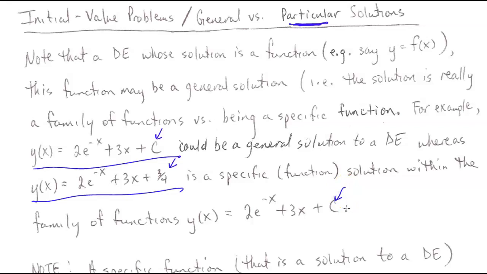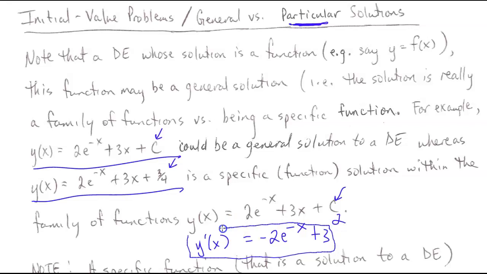If I let c equal 2, and then I ask, what is the derivative of y with respect to x? Well, it's still going to be the same: negative 2e to the negative x plus 3. And this is going to be the derivative regardless of whether c is equal to 2, or 3/4, or negative pi, or whatever. It really doesn't matter.